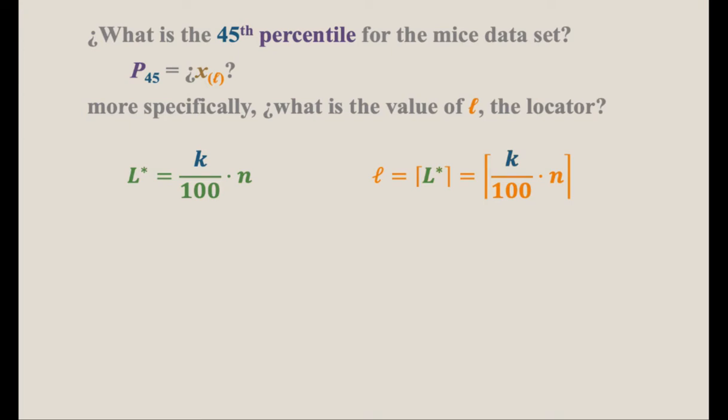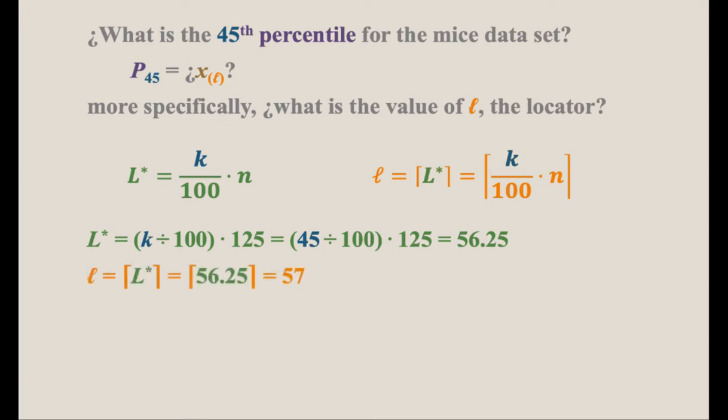We obtain the prelocator L star by plugging in K, 45, and N, 125. 45 divided by 100 times 125 is 56.25. To obtain the locator L, we round L star up to the nearest whole number. Naturally, we would want to round 56.25 down to 56, as 56 and a quarter is closer to 56 than it is to 57.